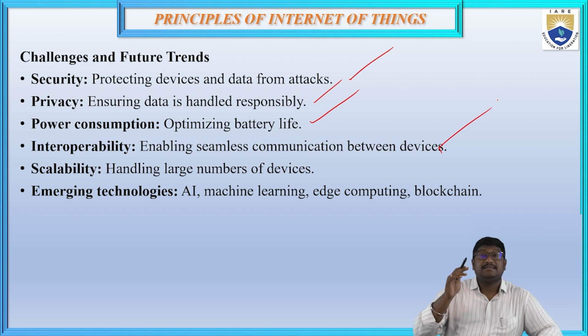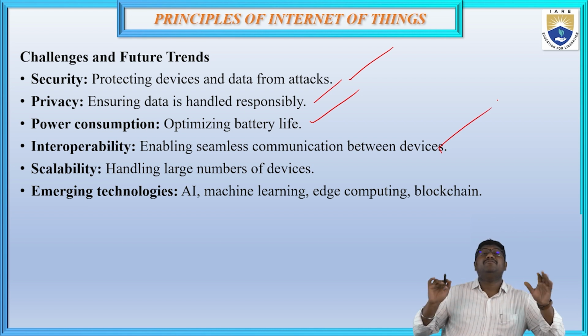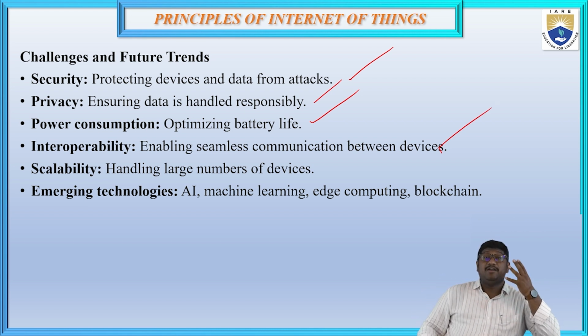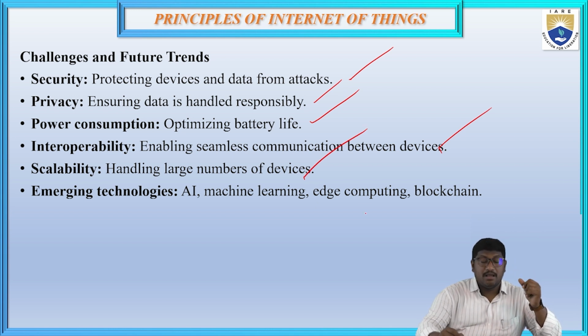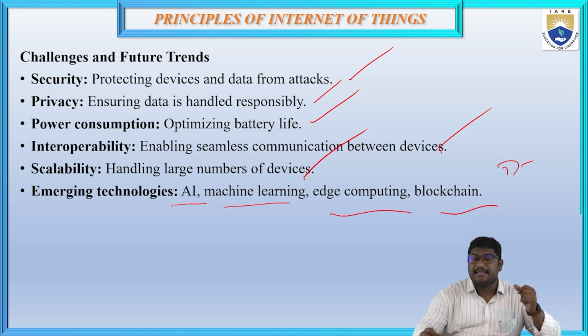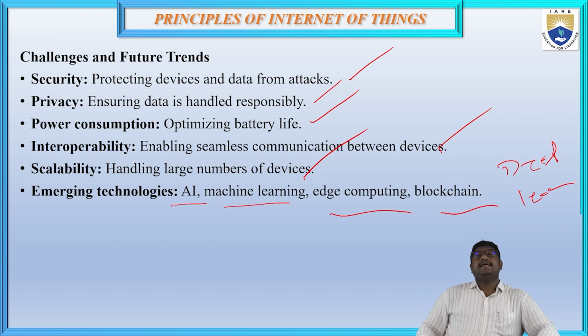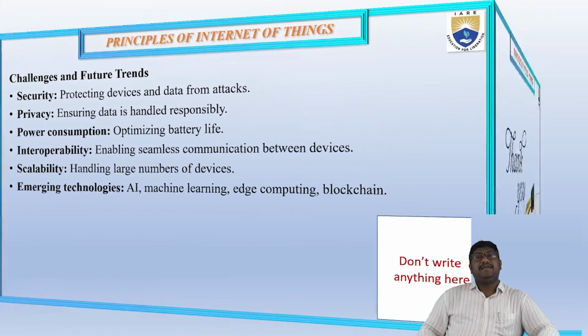Interoperability, where we see seamless communication between devices. Scalability, handling a large number of devices. And emerging technologies: AI, machine learning, edge computing, blockchain. All these are the emerging technologies. And along with this, deep learning has come into the picture nowadays. With these emerging technologies, we can utilize our IoT systems in n number of areas.